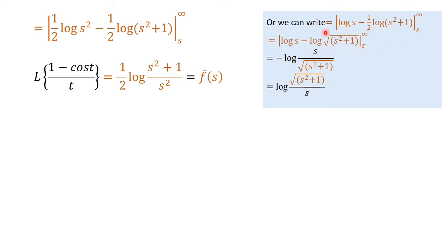Now we plug in the upper limit and the lower limit. When we plug in the upper limit we get 0, and when we plug in the lower limit we get negative log of s upon under root of s square plus 1. If we want to eliminate this negative sign, we write this expression as log of under root of s square plus 1 upon s.